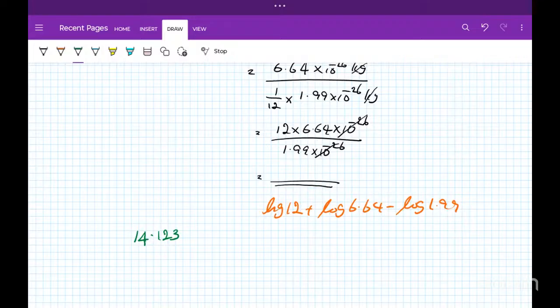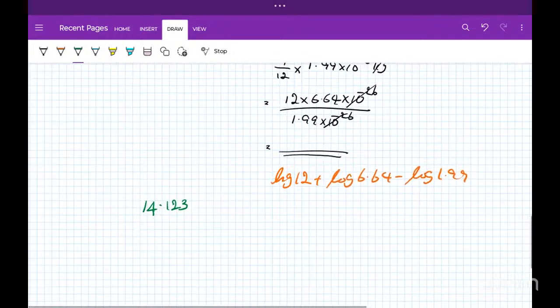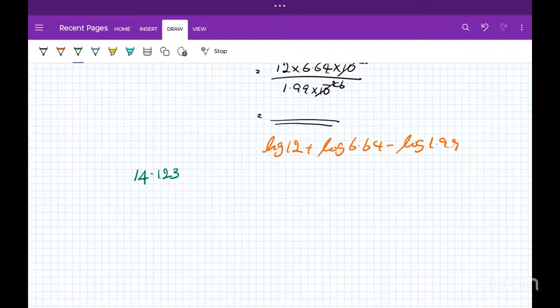Find the relative atomic mass of capital A.